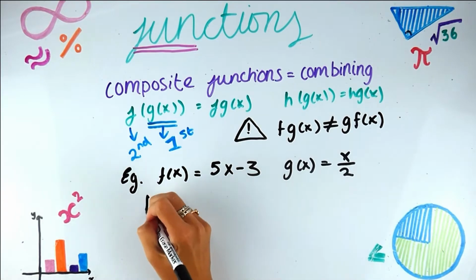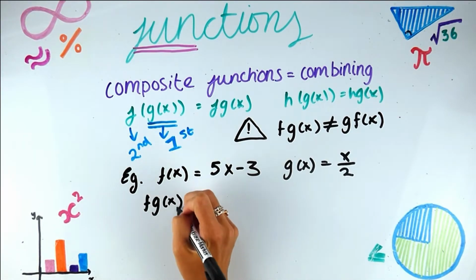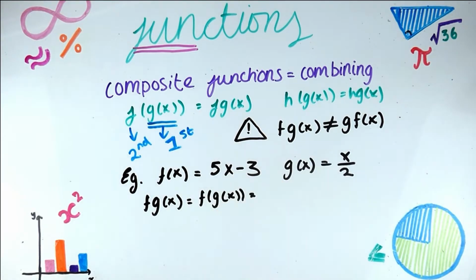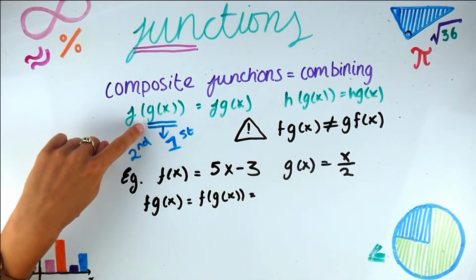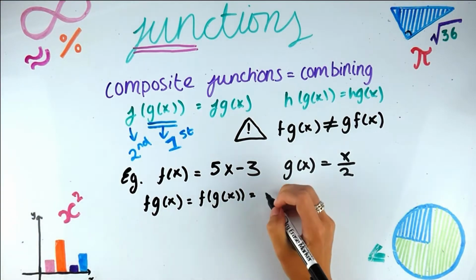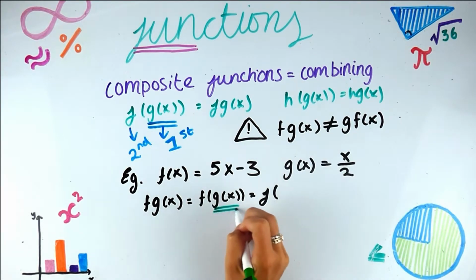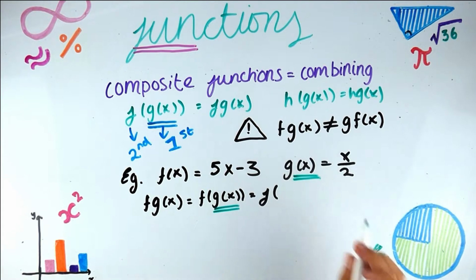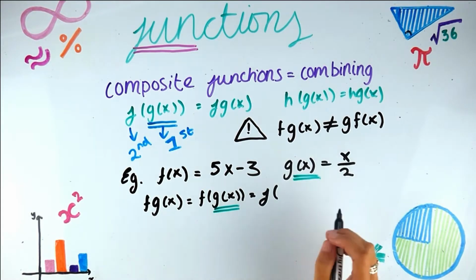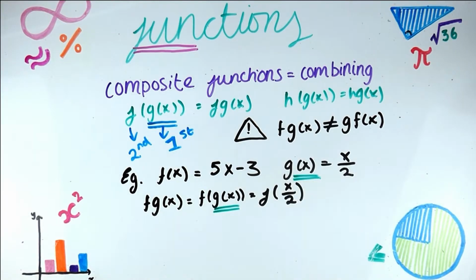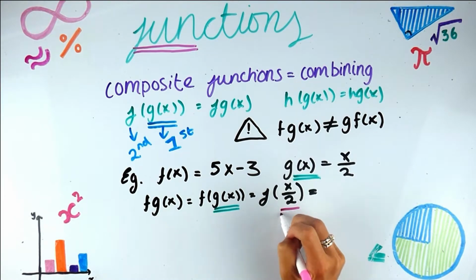Now let's find f of g of x, which is fg(x). So we know from here, little spoon goes first, so that's g(x). So we have f, and then I'm just going to substitute g(x) in. I'm just going to copy that in. So g(x) is x over 2. Okay, and now if we look at that, we have f of x over 2.